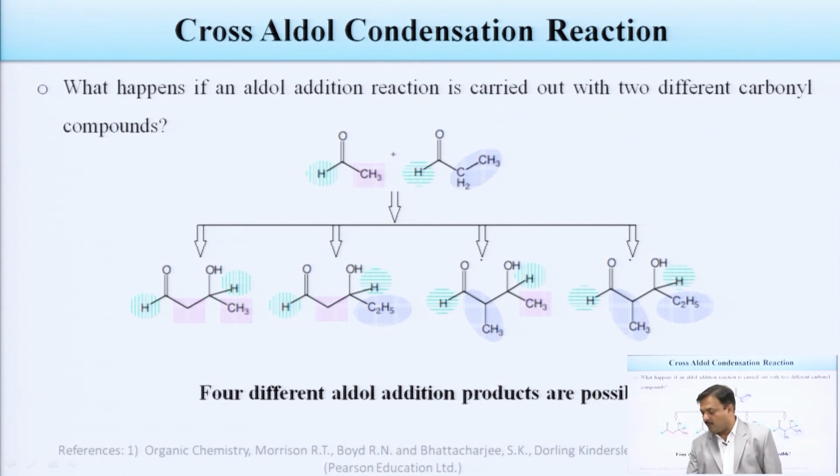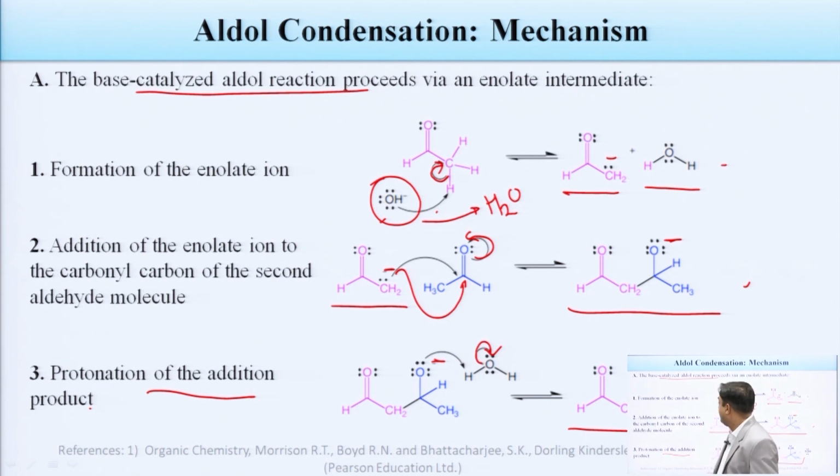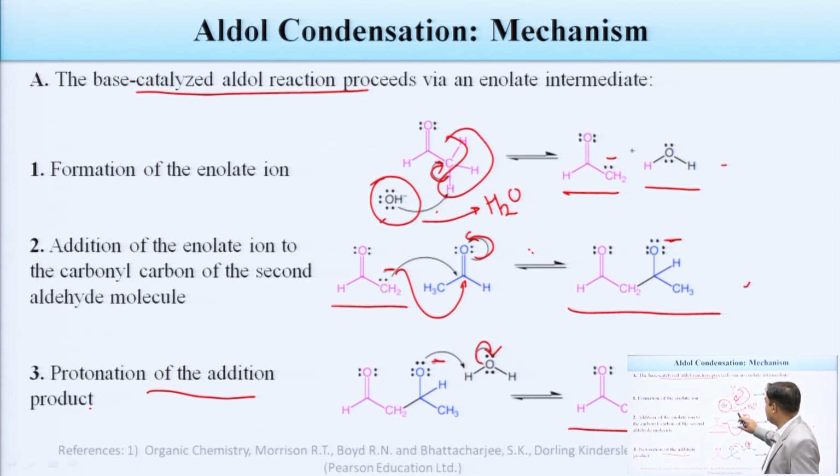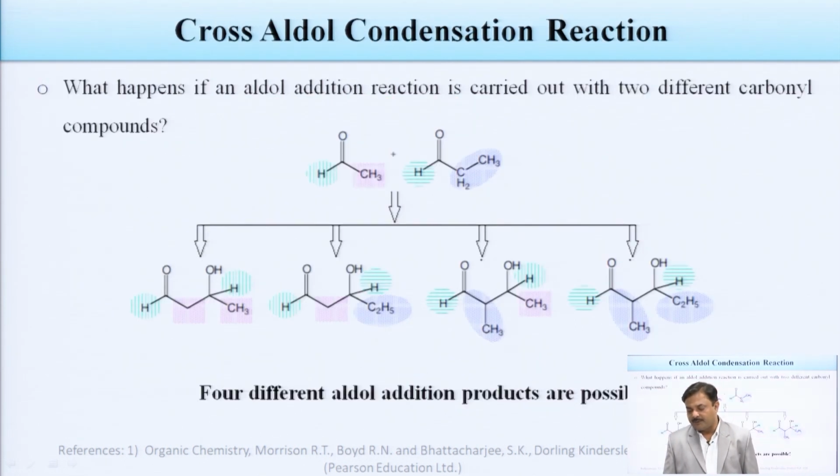If no alpha hydrogen is there, suppose like this, these are all alpha hydrogens, then the formation of enolate ion cannot be possible. This mechanism will not proceed. So, one alpha hydrogen must be present in the aldehyde or ketone which we are using to carry out the aldol condensation. Very important point.